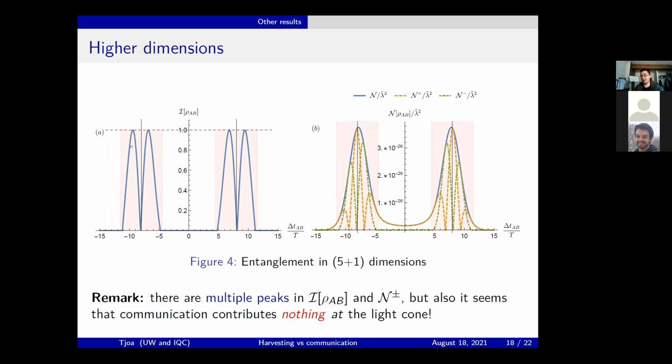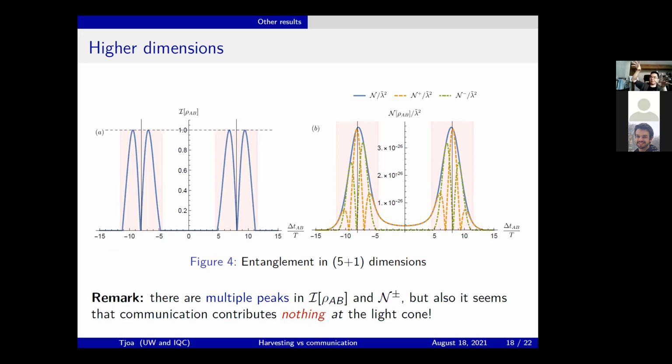It dominates slightly on the left and right because of the way the peak is distributed. So to some extent, we can still say that the communication is the dominant part as you approach the light cone, but it has this peculiar dip at the center. In this case, the N plus, the harvesting part, actually dominates when you exactly arrange the switching peak to be at the light cone.